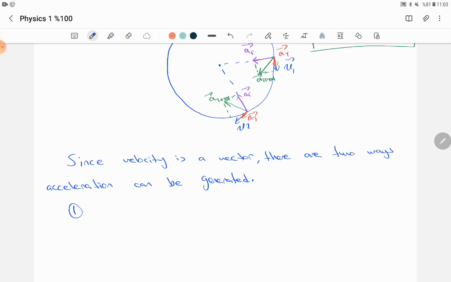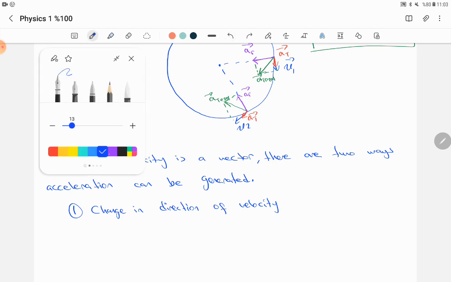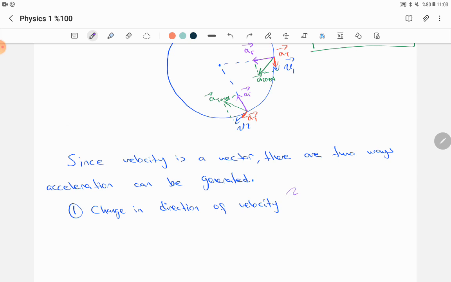The first one is the change in direction of velocity, and this acceleration type is called centripetal acceleration.